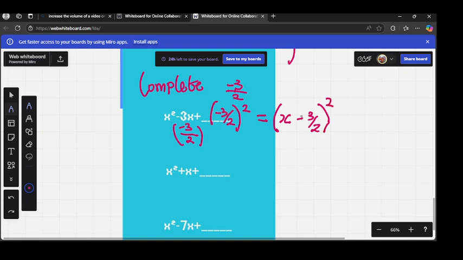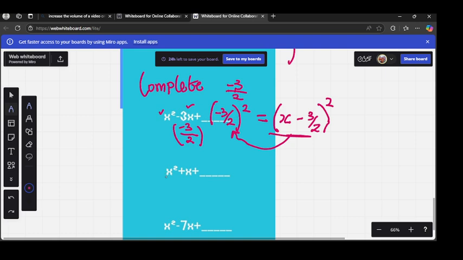Sorry for the mistake. So s minus 3 over 2 all squared gives me s squared minus 3s plus minus 3 over 2 all squared. Expanding this will give me back this, so this is a perfect square.